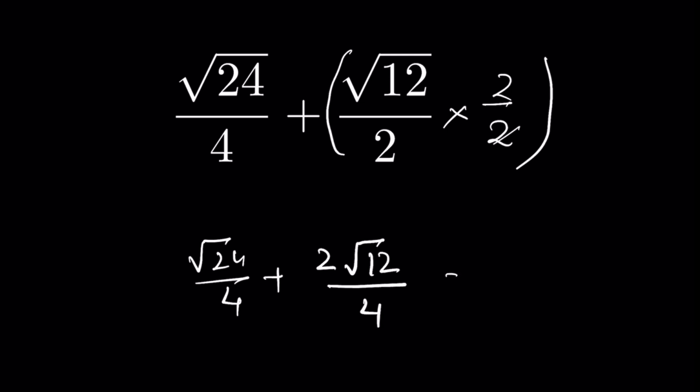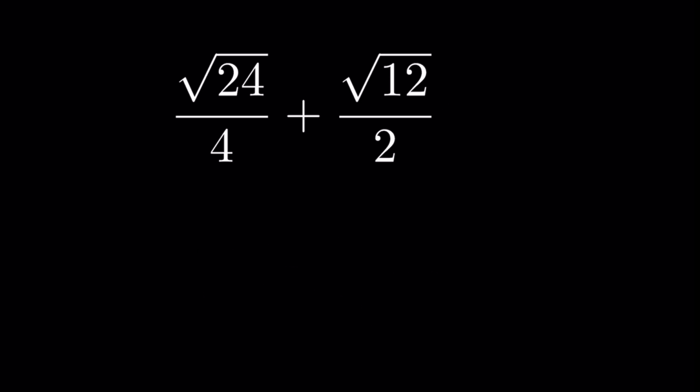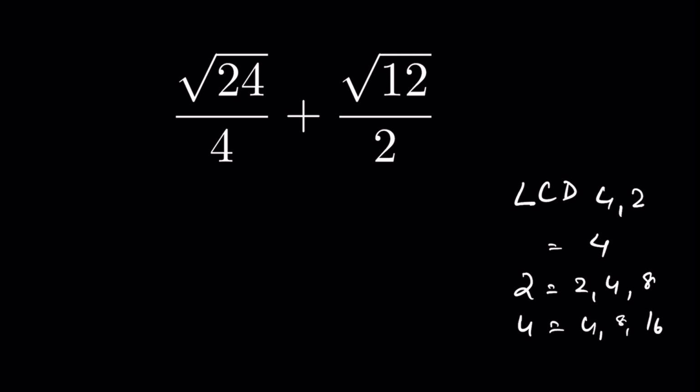Now you can add these two, or what we can do, we can take LCD of 4 and 2 like the common fractions we do. The LCD of 4 and 2 will be 4. You write the multiples of 2 and the multiples of 4 and then pick the least common multiple. So the least common multiple of 2 and 4 is 4.